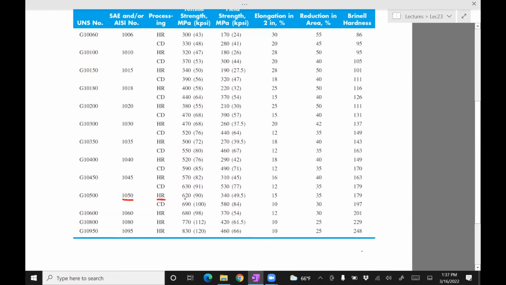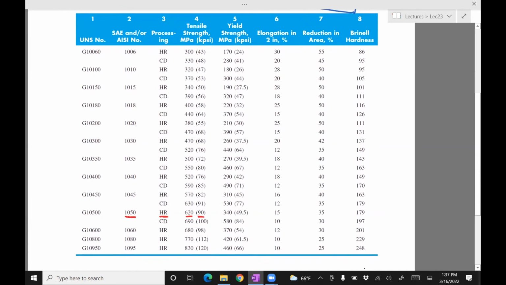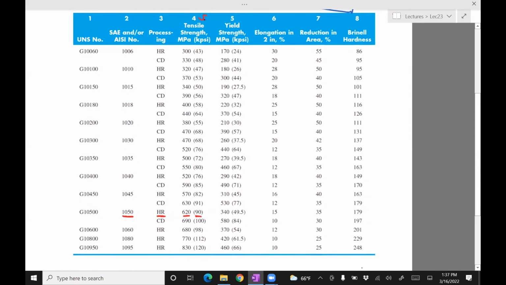And then they've given us the tensile strength, that is SUT, in both units, MPa as well as kpsi. But since we are interested in kpsi, because part C is in kpsi, let's use the 90 kpsi value. So SUT is 90 kpsi.